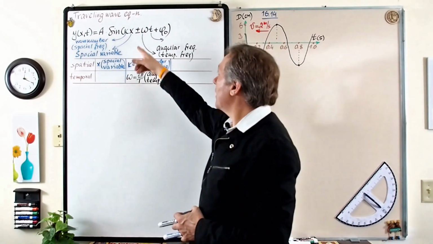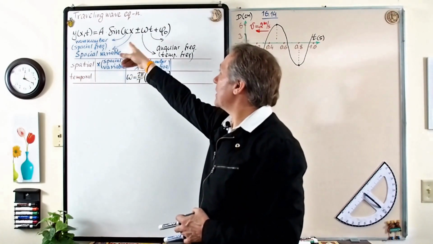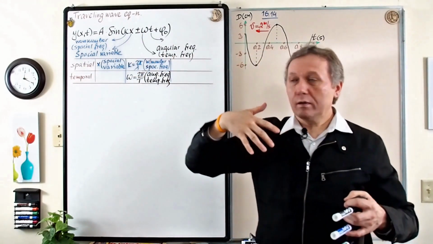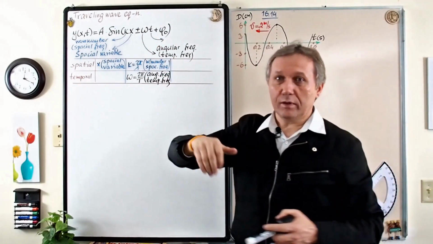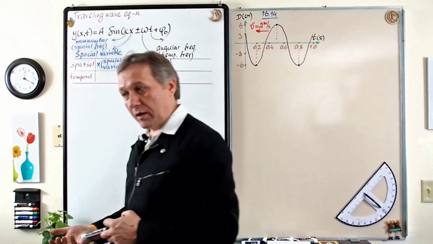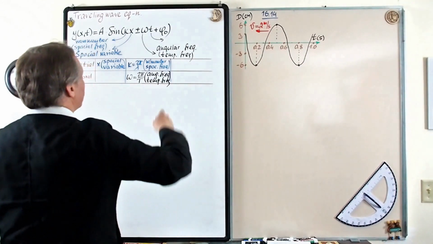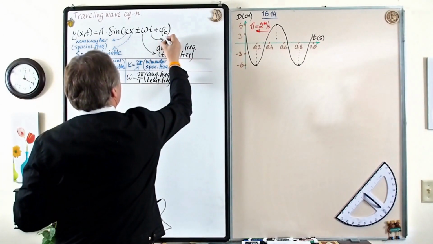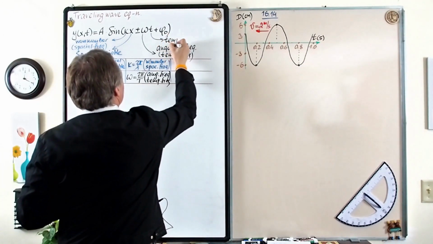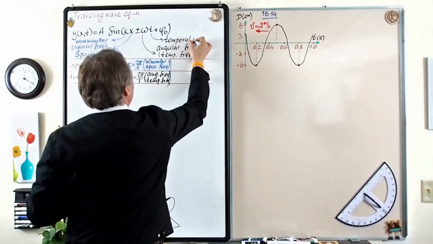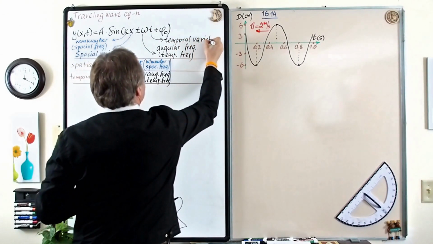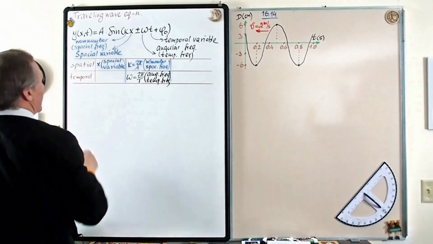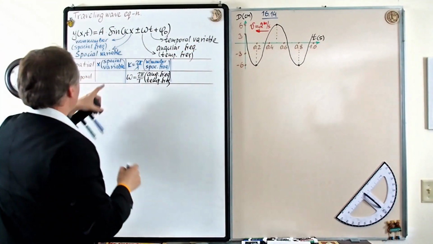And t is a variable which describes the wave in time. All right, so temporal variable, right? Okay, so now I can add this temporal variable over here.